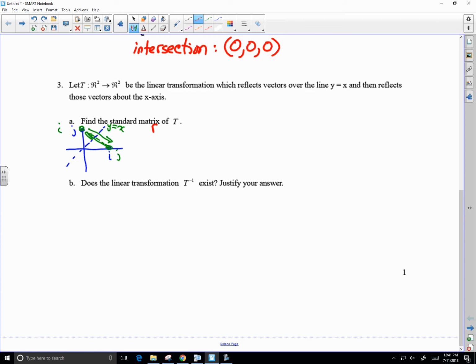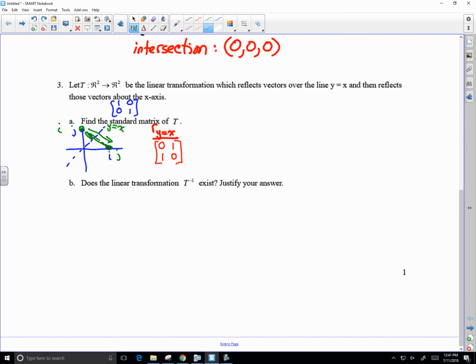All right, so if we're doing a reflection over the line y equals x, my standard matrix, normally i followed by j, 1, 0, 0, 1. Now, I'm just going to go the other way around because their positions have been swapped. All right, so i is at position 0, 1, j is at position 1, 0.